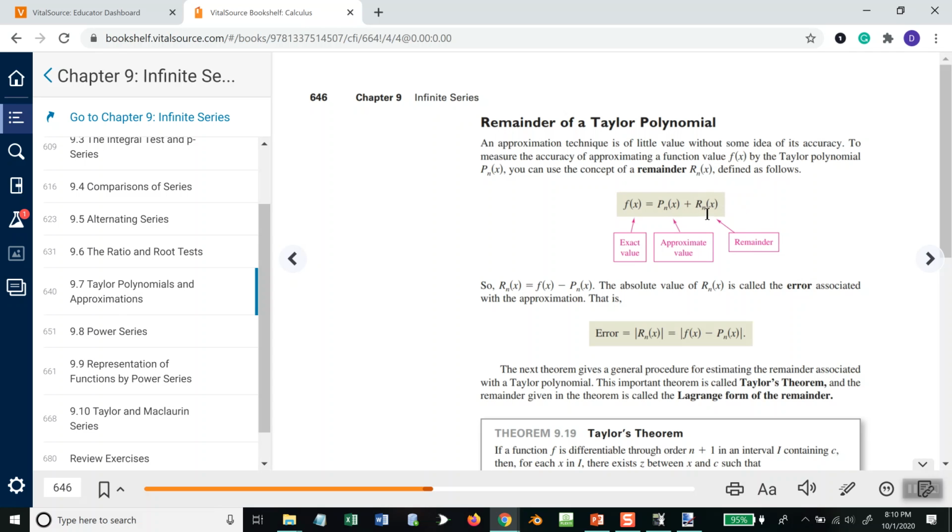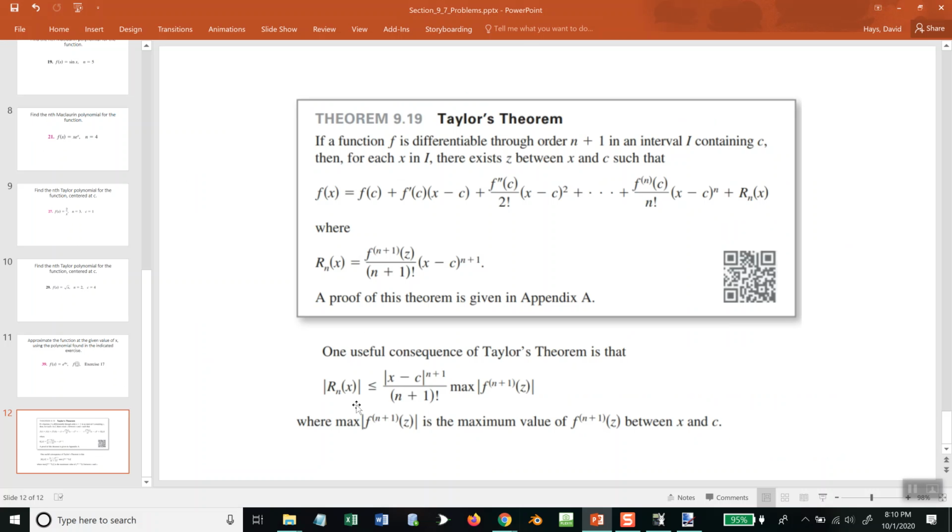Because if it was perfect, then f of x would equal our polynomial, wouldn't it? So here, the remainder refers to how much it's off. Does that make sense? So when we talk of r sub n in this formula, it's referring to our error.